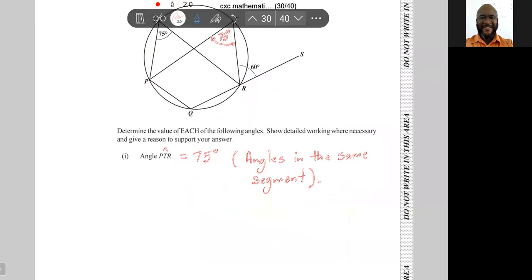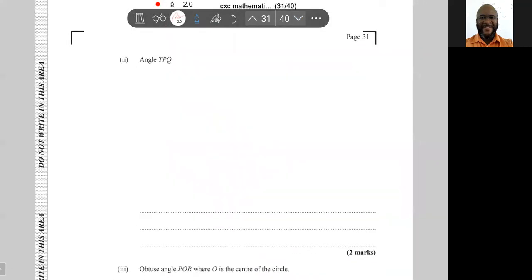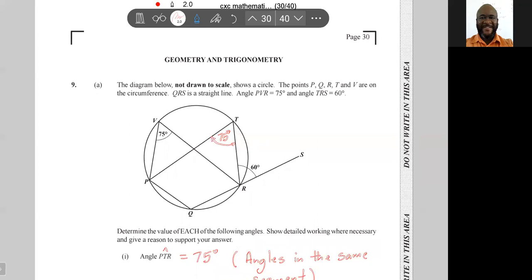Next, we need angle TPQ. We need this angle here. Now, as I said, you need to be able to see the theory in the question. If this angle here is 60, this is also 60. This shape is called a cyclic quadrilateral, because all the vertices are touching the circumference.